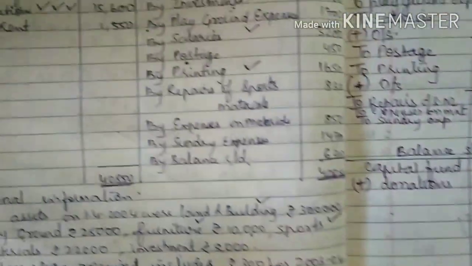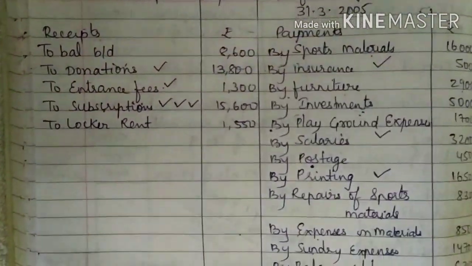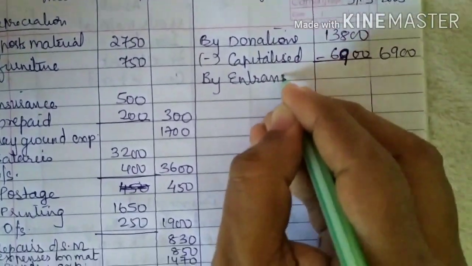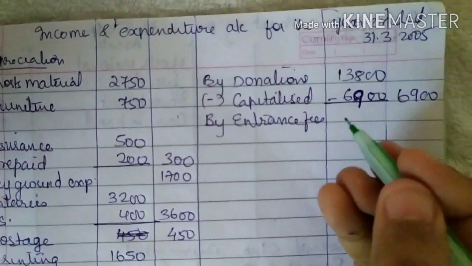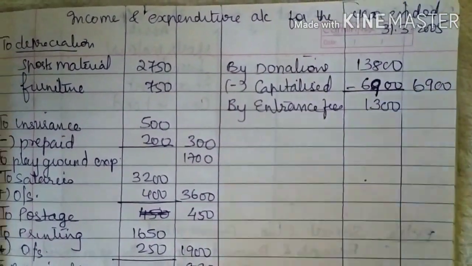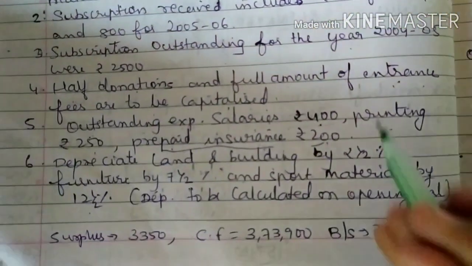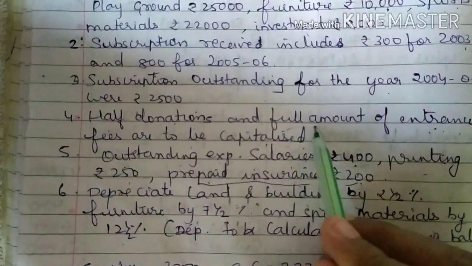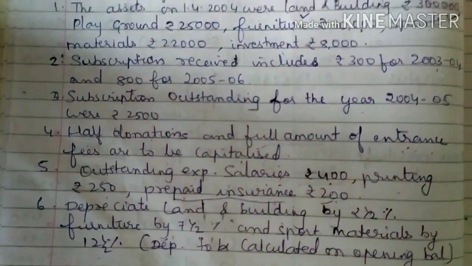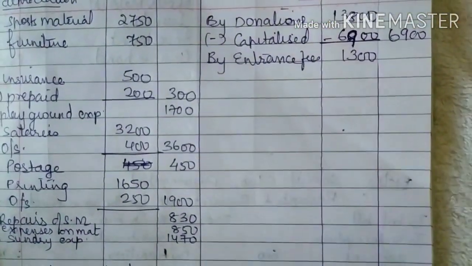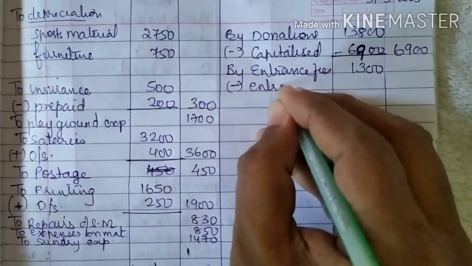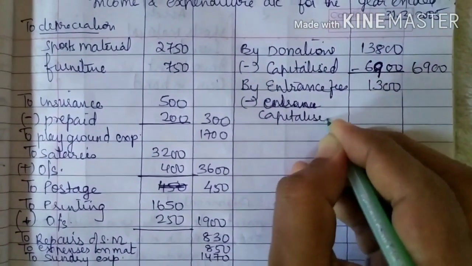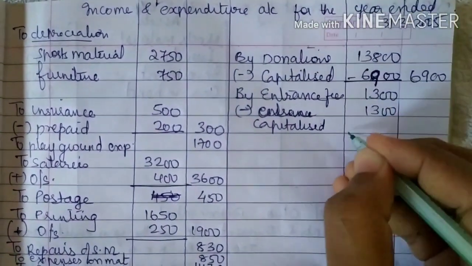And next element you have entrance fees. Entrance fees, it's an income. By entrance fees, the amount is 1,300. Adjustment: half donations and full amount of entrance fees are to be capitalized. It means full amount of entrance fees is capitalized, which is 1,300.